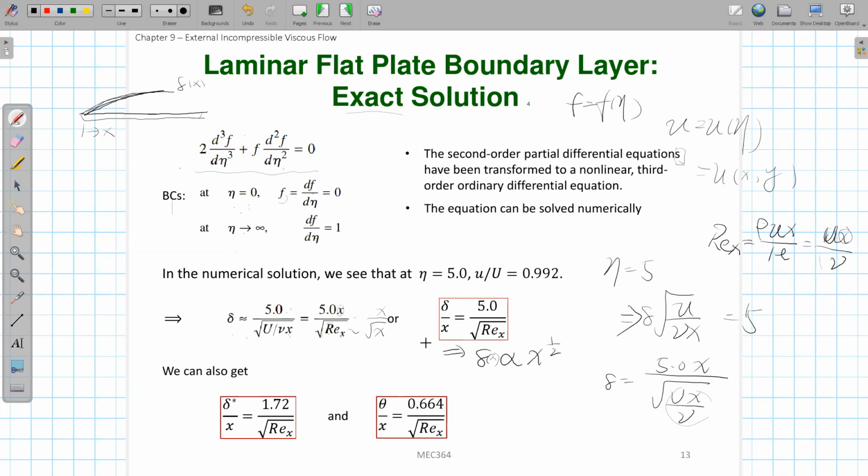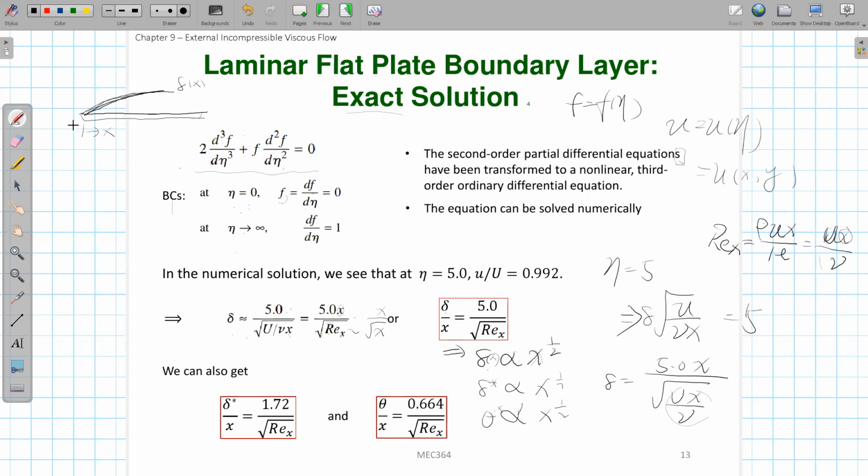And if you look at all these three, you will see that not only delta is proportional to the square root of x, delta star and theta are also the same thing. Theta is also proportional to x to the 1/2. No matter which boundary layer thickness definition you use, delta star or theta, their profile is all proportional to the square root of x.